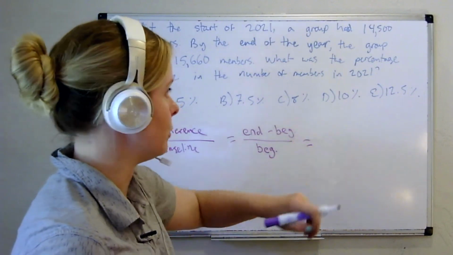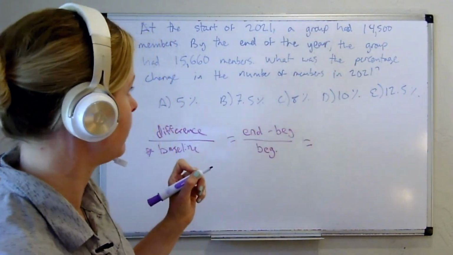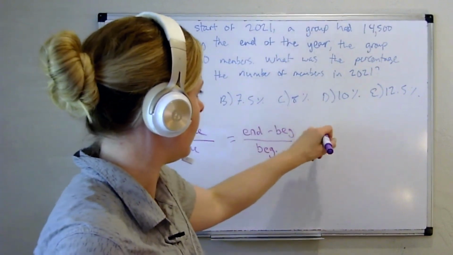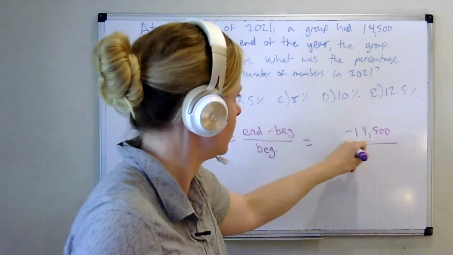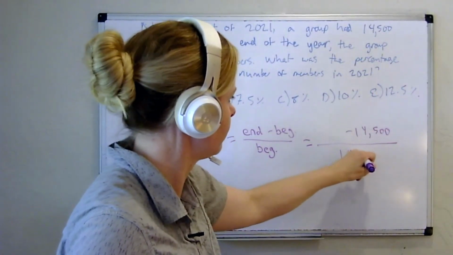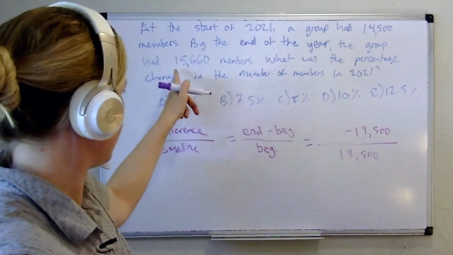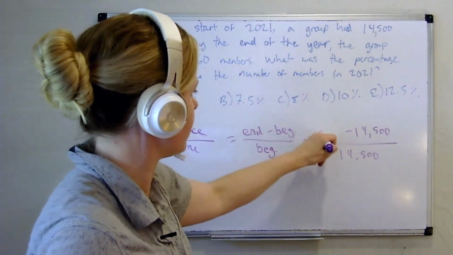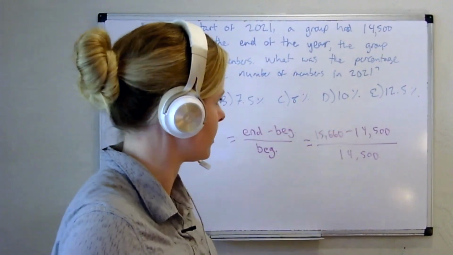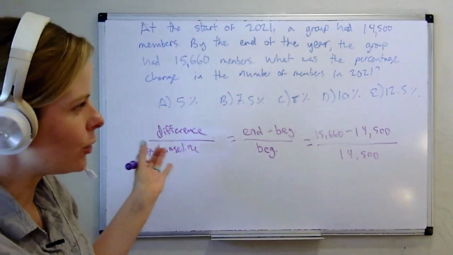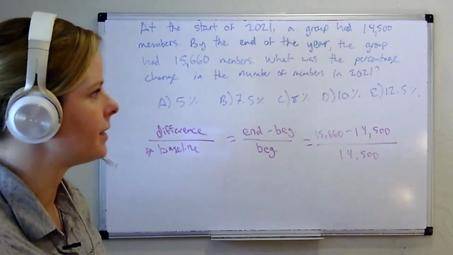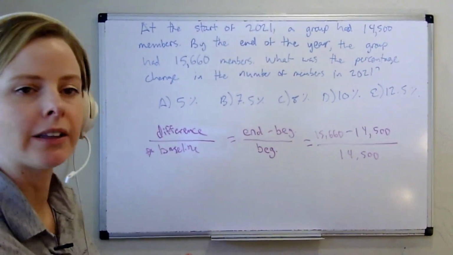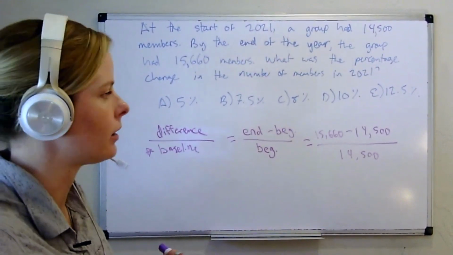From there, all you do is plug in your numbers from the question. We know that it had 14,500 in the beginning, so that goes here and here. And then at the end, we had 15,660 members, so that goes there. Now, on the GRE, this is probably the point at which I would take out my calculator. Not too bad to do this math, but probably a little bit quicker if you just punch it in your calculator.